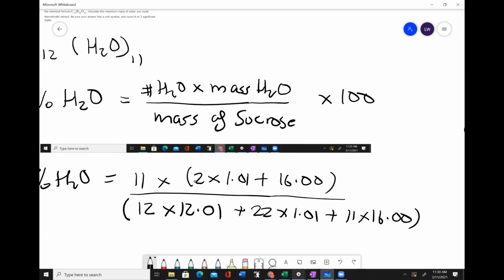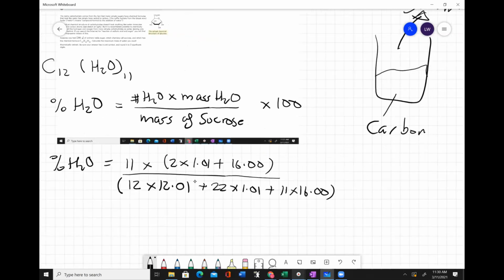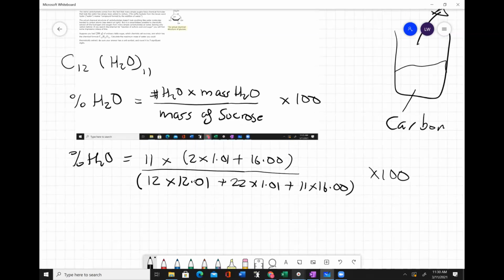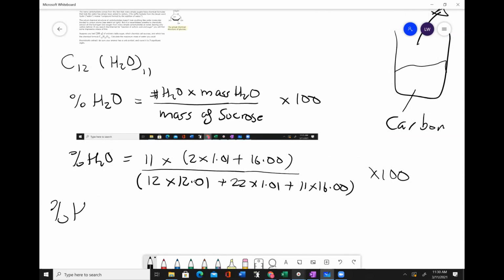There's all of that. And then, of course, we want to multiply it by 100. There it is. So the percent water by mass in this carbohydrate sucrose ends up being, just wait for me to enter everything into the calculator. Now you want to make sure you get that entire bottom line in parentheses or your math will go very wrong.